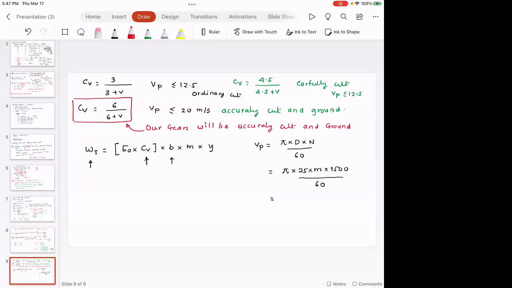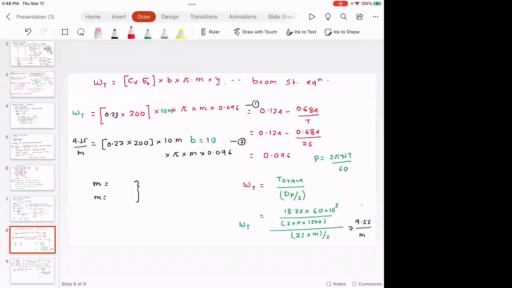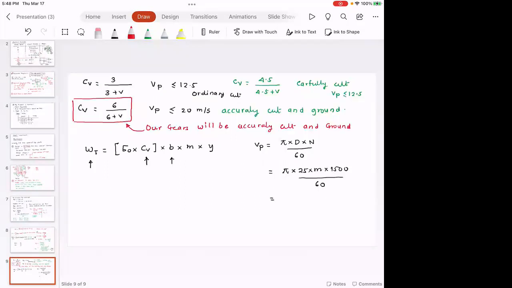But then you should do this exercise by hand. You will have module appearing on the left hand side, and you will have module appearing on the right hand side, and you are going to get a very complex quintic equation that you cannot solve ordinarily. You will have to use some type of trial and error. And believe it or not, you are doing trial and error here, but this will give you answer quicker. But I would encourage you to try this.